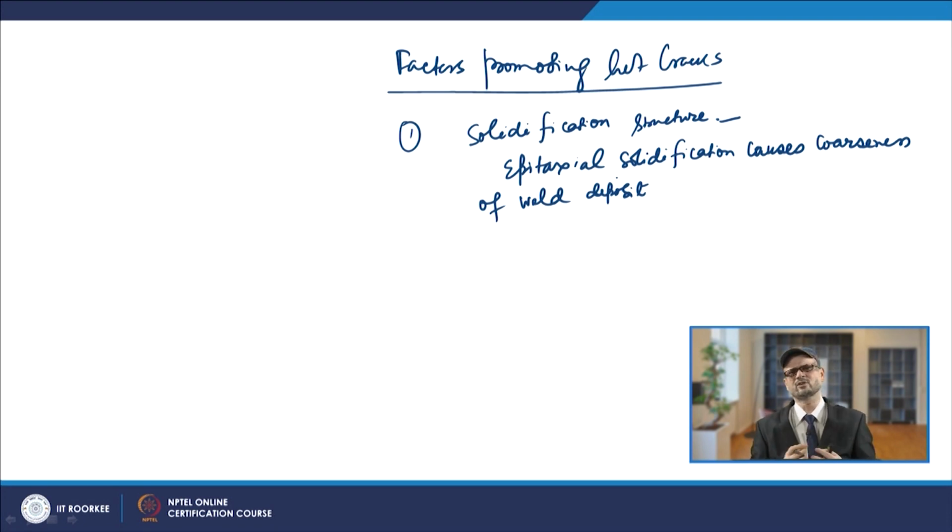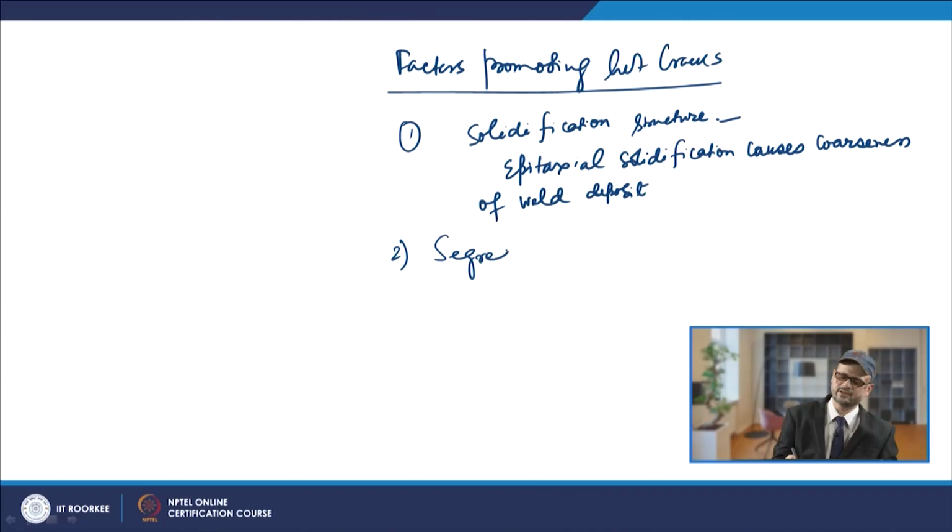In the solidification of alloys, you have chances of forming dendritic structures because of constitutional supercooling, and in that case you have chances of higher segregation. So, the second important point is segregation.